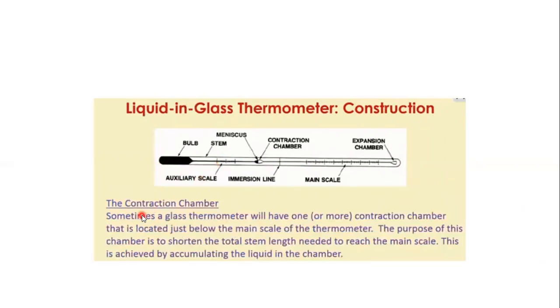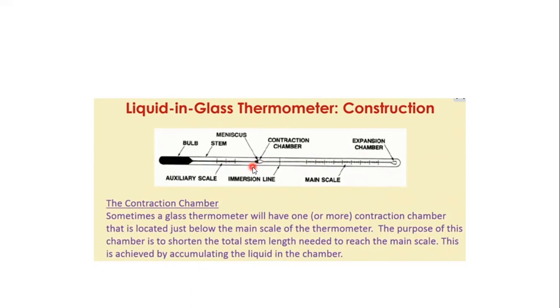And this chamber is known as the contraction chamber. Here the area of the stem increases. If we want to decrease the length of this thermometer, before the main scale we make one or more contraction chambers, so we can reduce the total length of this thermometer by providing a contraction chamber before the main scale.